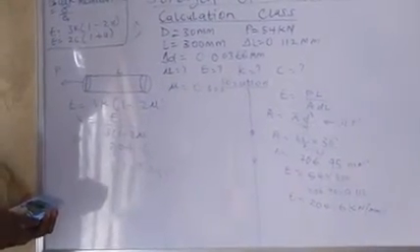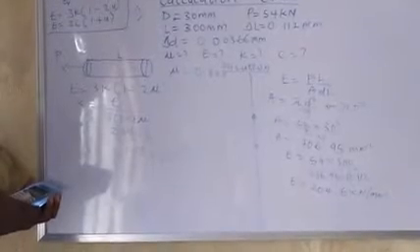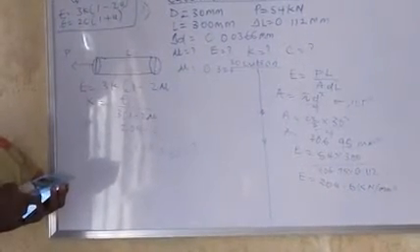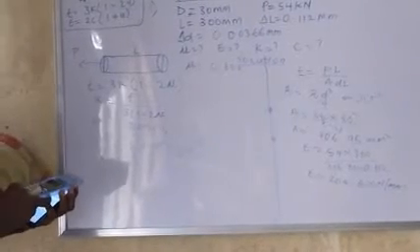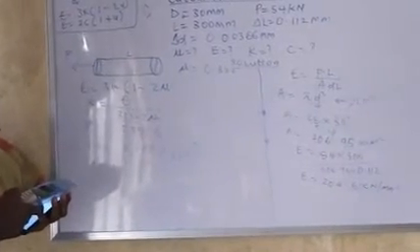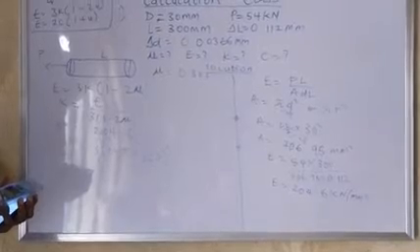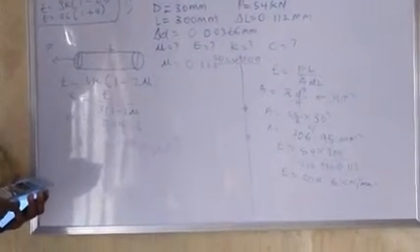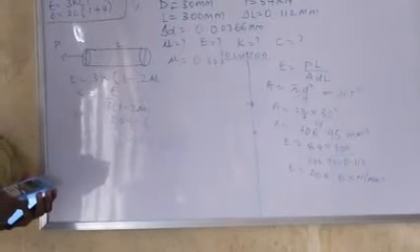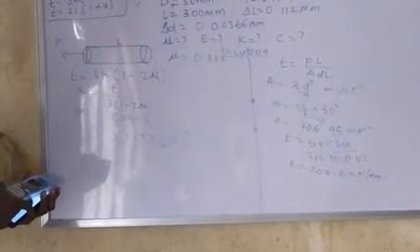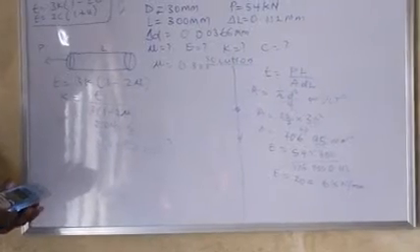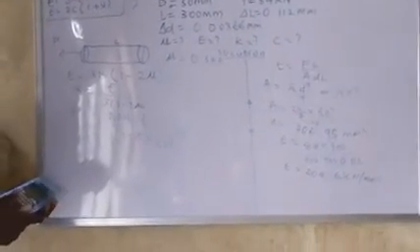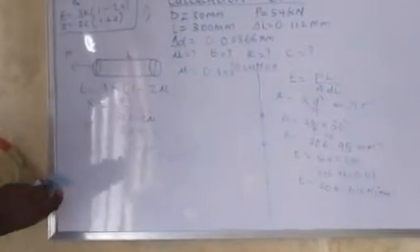You have 1 minus 2 times 0.327, times that, times 3.